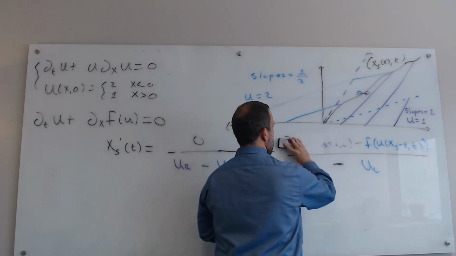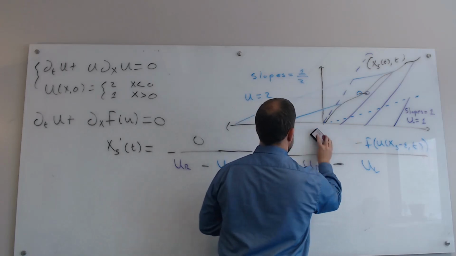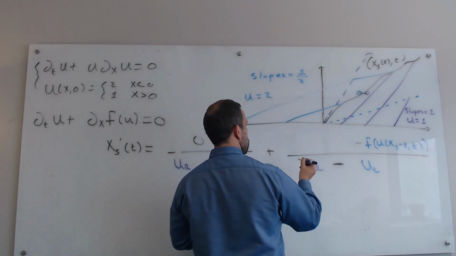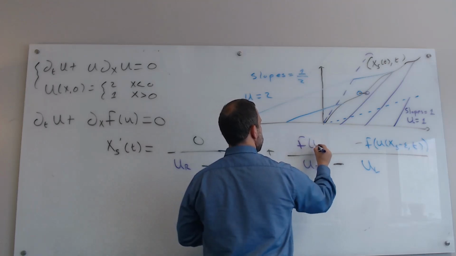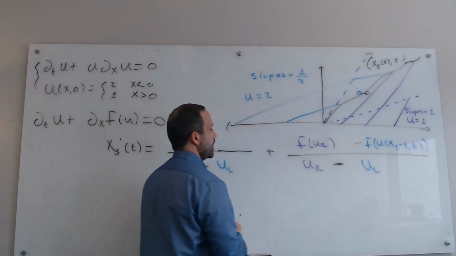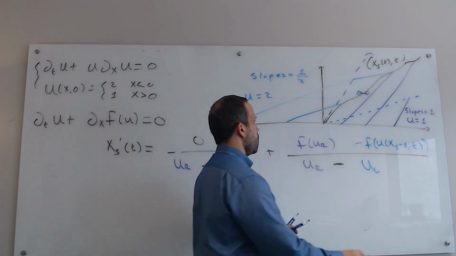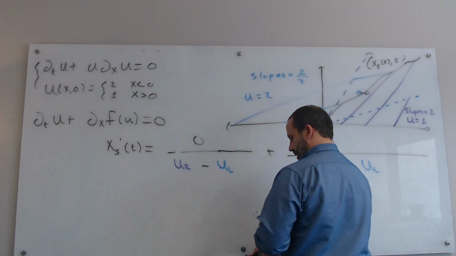So this is going to go to f of ur, and since we're taking derivatives of f, it's safe to assume that it's continuous. F of ur, and over here it's going to be minus f of ul.